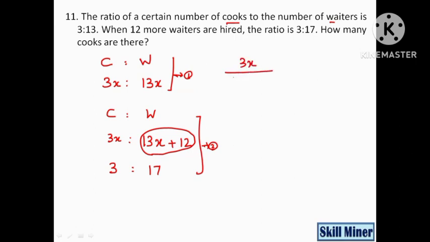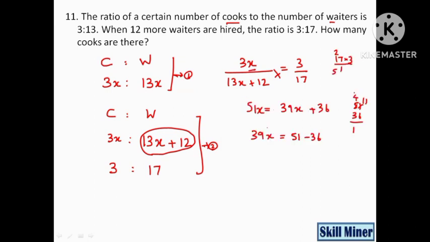Second condition I'm writing as 3x divided by 13x plus 12, which is equal to 3 is to 17. I'm cross multiplying this. 17 3s are 51.